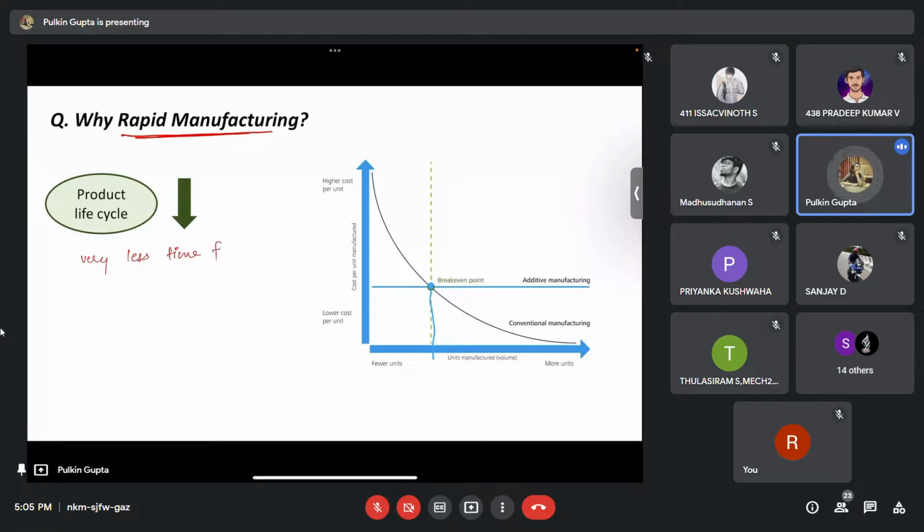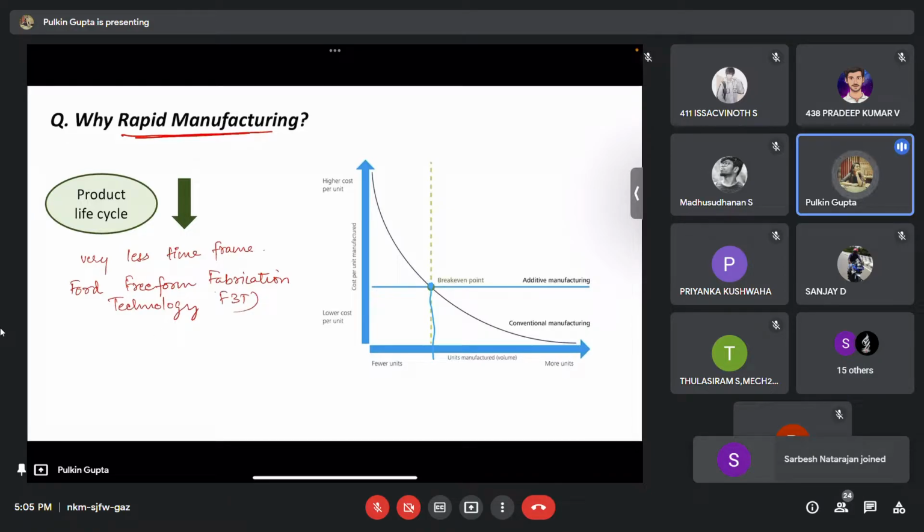So, for example, as given in the lectures as well, for the four free-form fabrication technologies, which is F3T, they have reduced their manufacturing product time from almost 6 months to a few weeks.